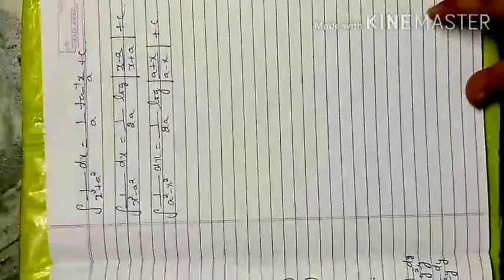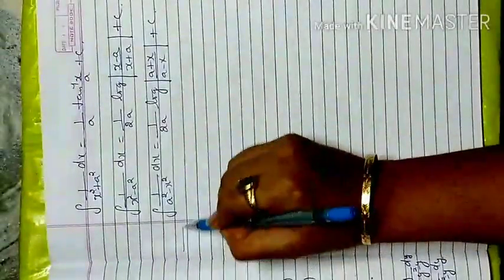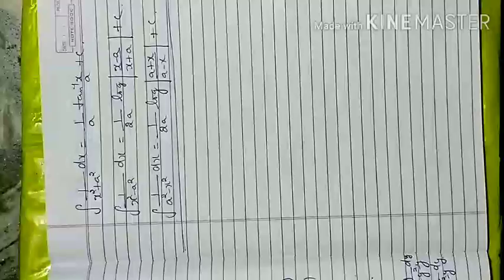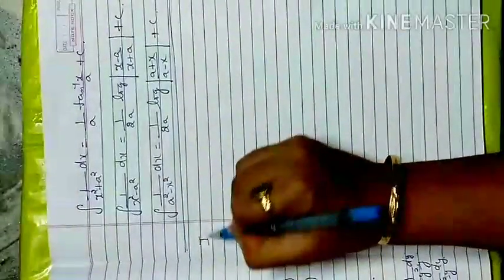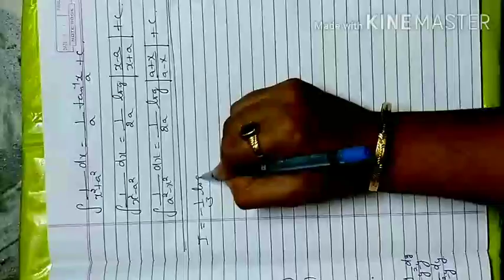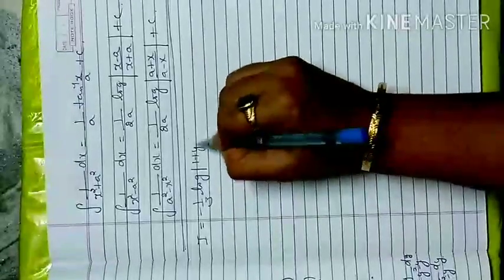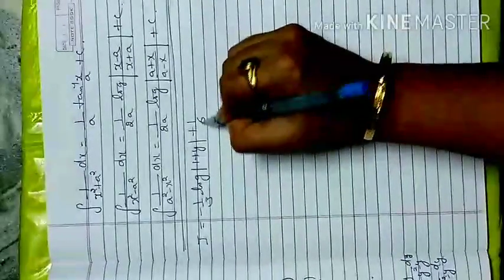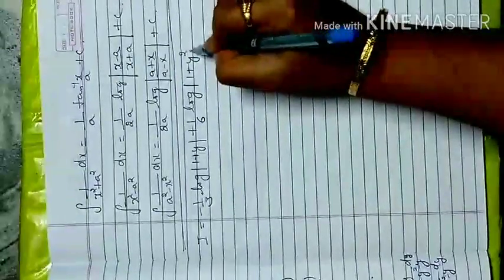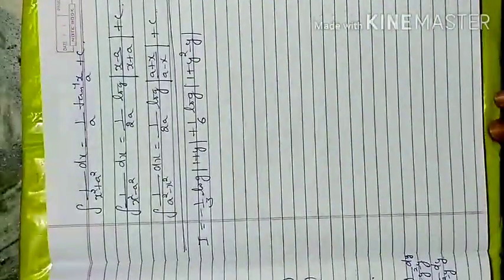Now in the next step, if you have to solve this integration, only the quadratic equation is there. So my I is equal to, these 2 terms we have already integrated, so we keep them as they are in the answer until the last term, 1 plus y square minus y, is integrated.